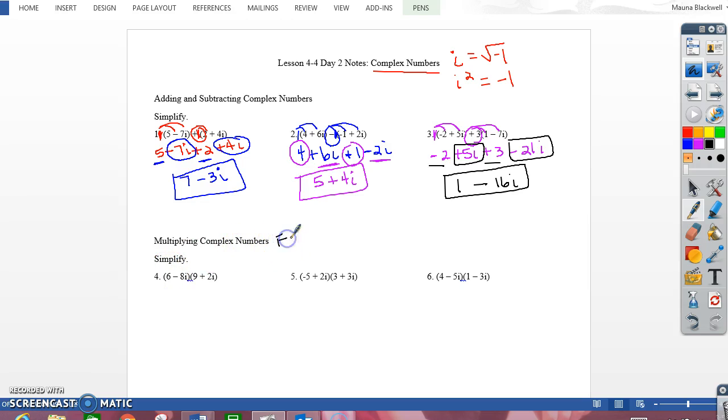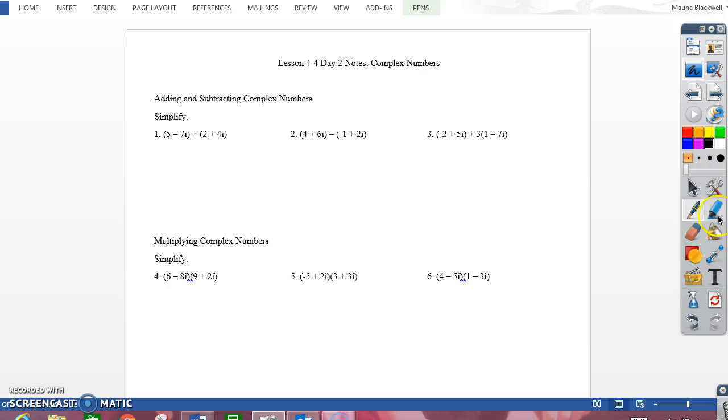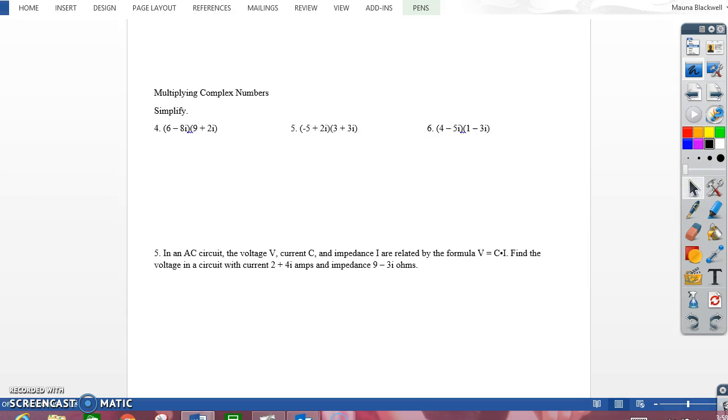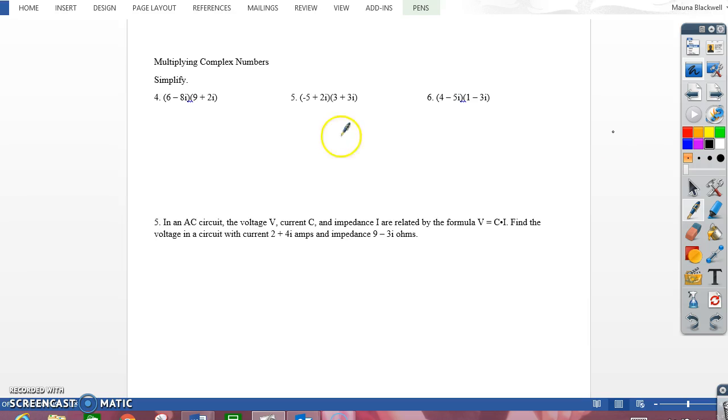Remember, first, outer, inner, and last. Okay, so when I do this, you can do FOIL, or you could do the window pane method.